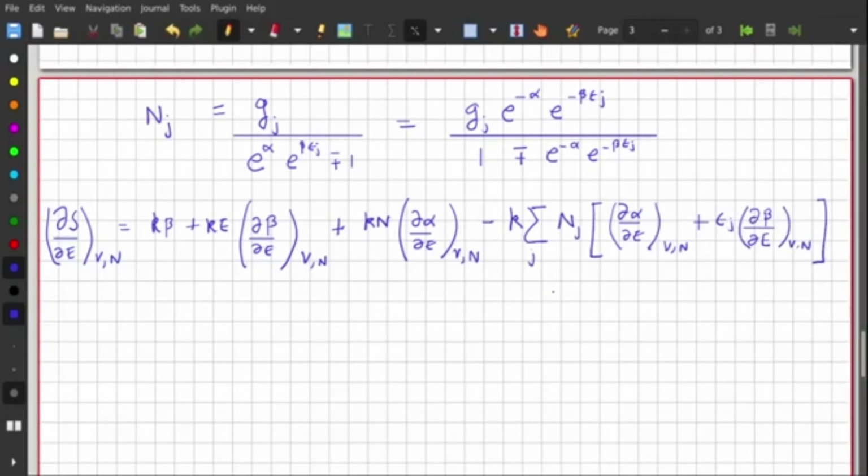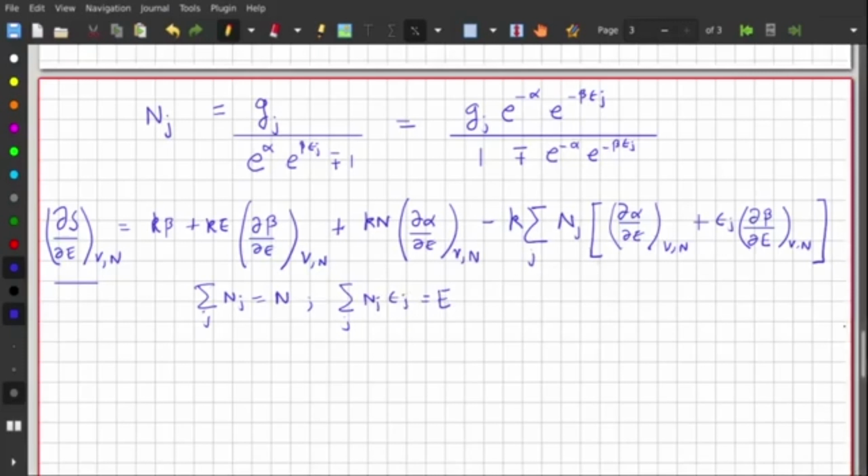And this is the final expression for partial s partial e, but realize that sum over j of Nj is n and sum over j of Nj epsilon j is e.